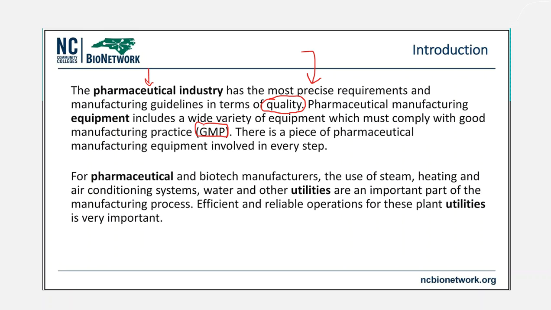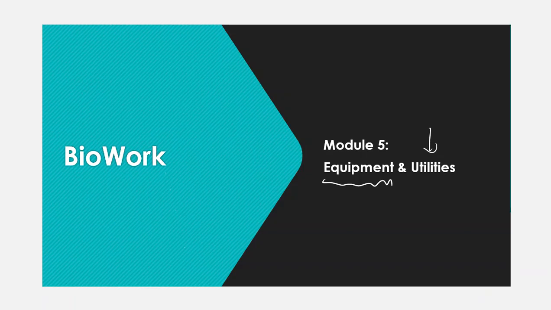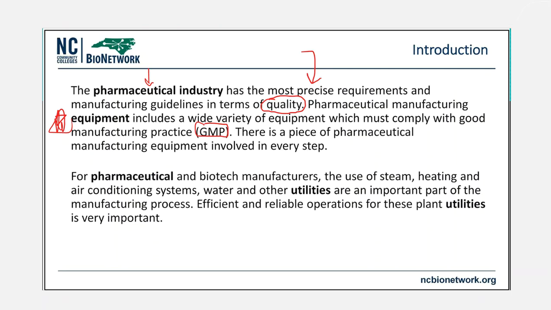So for pharma and biotech manufacturers, okay, here's where maybe a little bit of the confusion is going to be. This up here is talking about equipment, because the title of this lecture is Equipment and Utilities. Well, what are utilities, Tracy? Well, let me tell you what utilities are. Utilities is all of the electricity that the company might use. That's a utility.